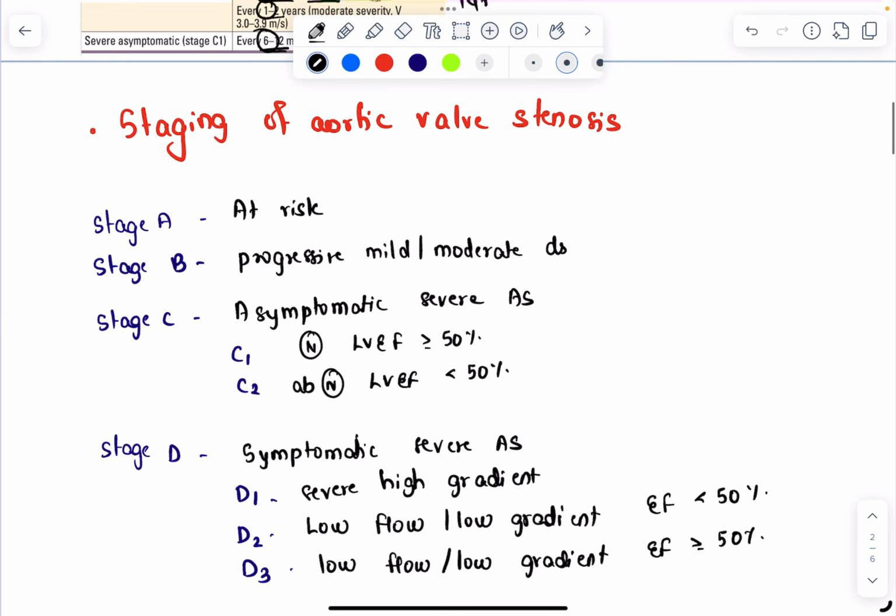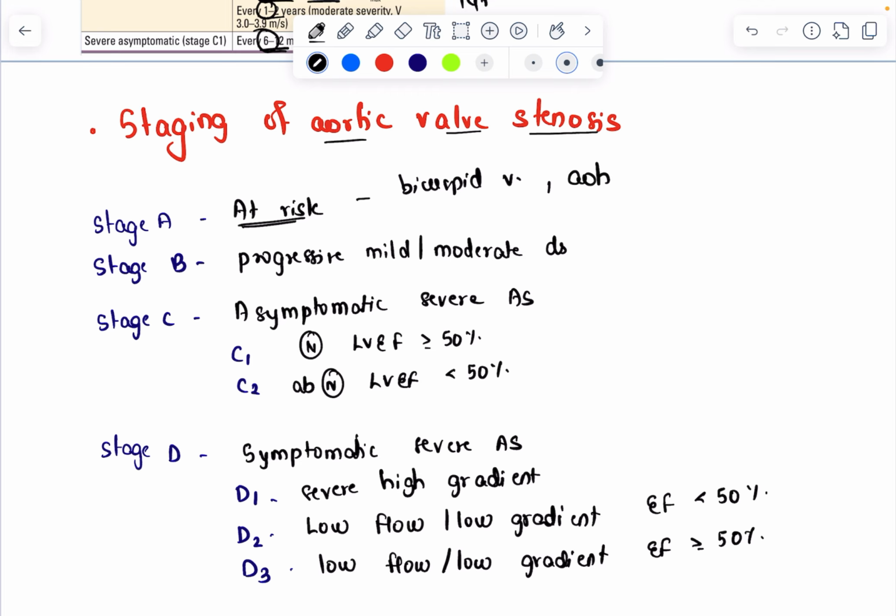Now talking about the staging of aortic valve stenosis. Stage A is the at-risk population. At risk means patients who have a bicuspid aortic valve, or patients who have aortic sclerosis. Okay, this is sclerosis, it is not stenosis.